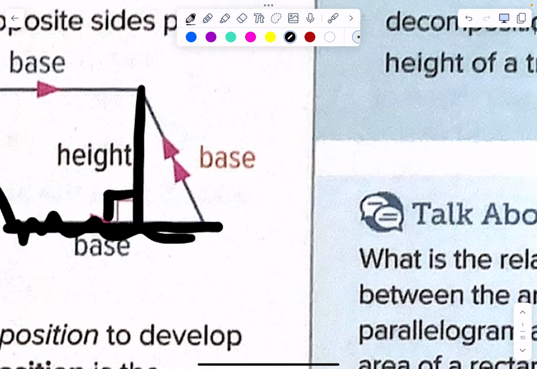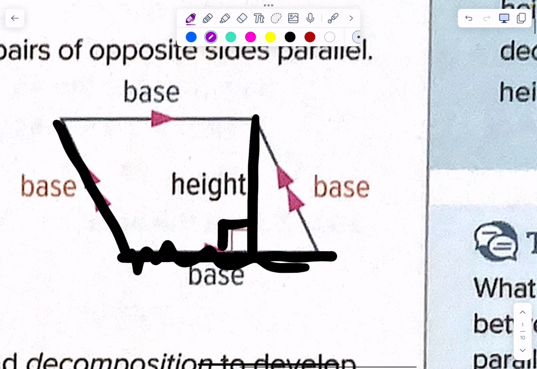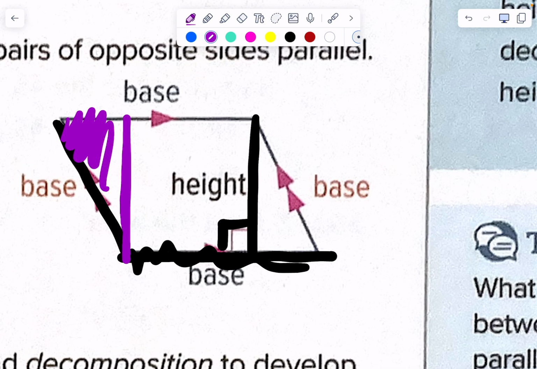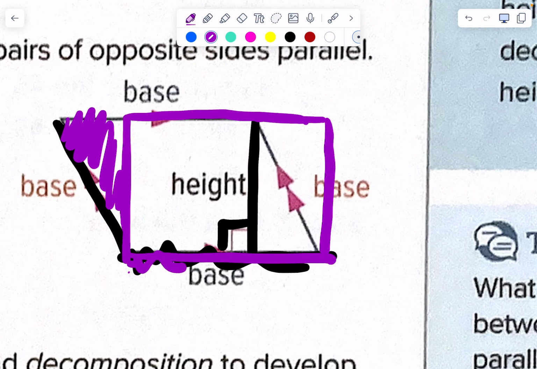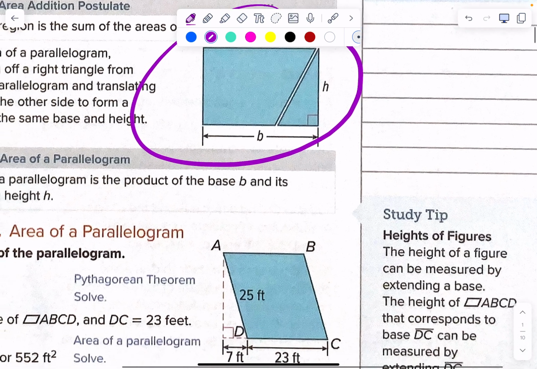The reason why this works is that if I try to make this into a rectangle, look at my diagram. If I cut this side off and slide it over here, it makes a perfect rectangle, with the base of this side and a perpendicular height.